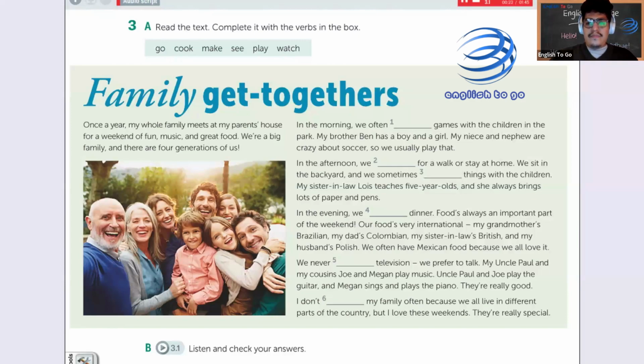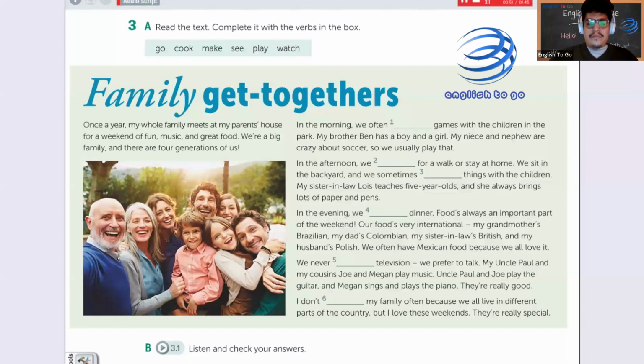My brother Ben has a boy and a girl. My niece and nephew are crazy about soccer, so we usually play that. In the afternoon, we go for a walk or stay at home. We sit in the backyard, and we sometimes make things with the children. My sister-in-law Lois teaches 5-year-olds, and she always brings lots of paper and pens.